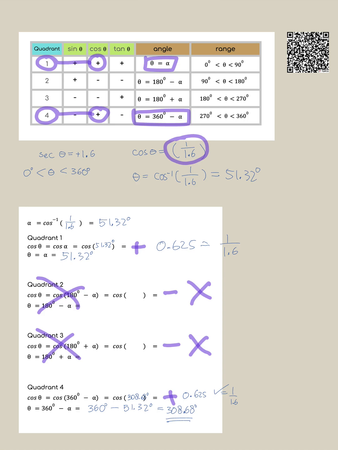So that's how you solve the question. If they give you the value of secant theta, then you can find the theta value.